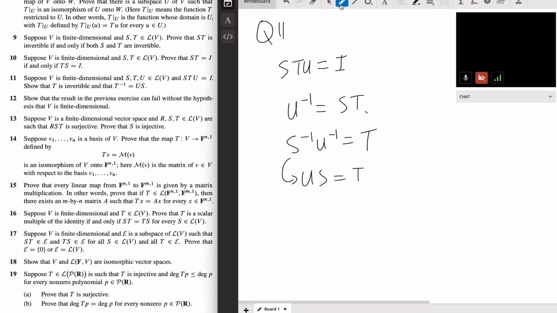But first you had to show that S, T, U are all invertible, or at least S and U are invertible. But I think U has got to be injective, because if it's not, then STU composed cannot be the identity map. That means U is invertible, and then S has got to be surjective for the same reason T is. So S is invertible. So I think indeed you can do this.